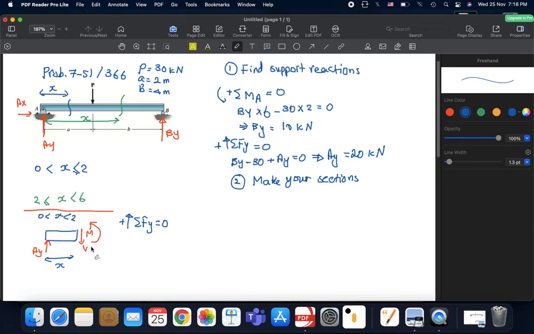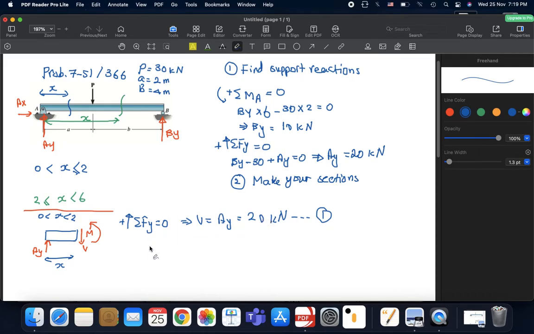So immediately you can see that V equals AY for equilibrium. So V equals AY equals 20 kilonewtons. And this is your first equation, which means that V is constant for values between 0 and 2 meters, and its value is 20.